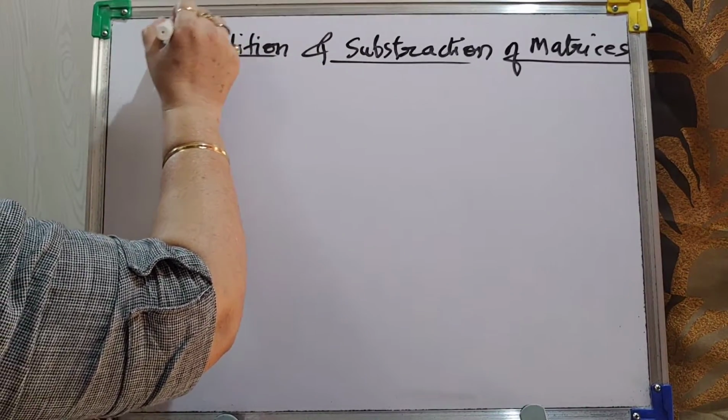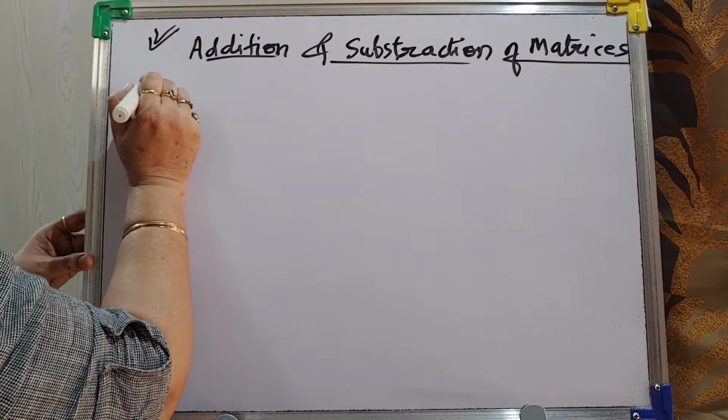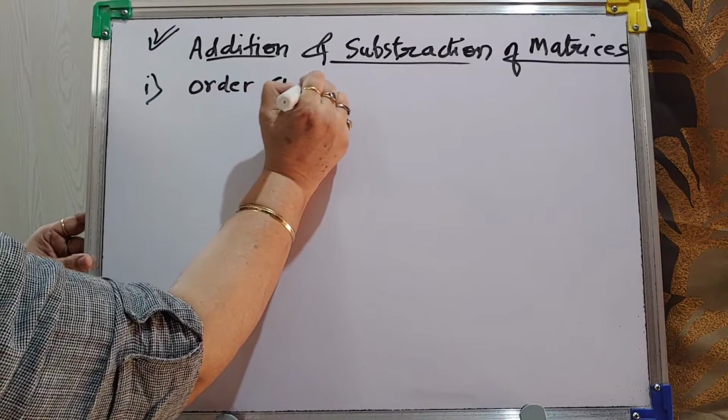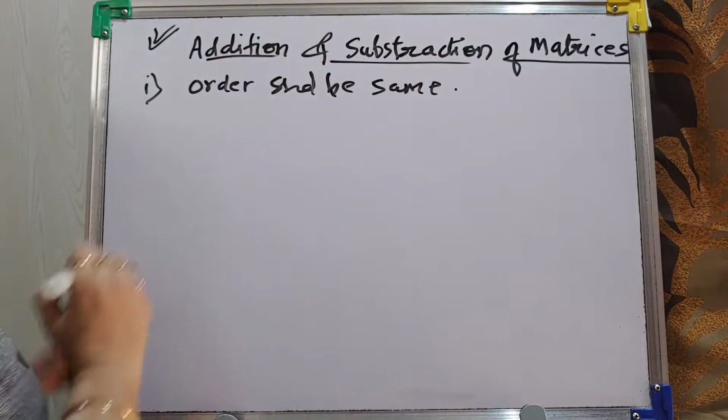Now students, how to add and subtract matrices? For that, the very first condition is that the order should be the same. Then only you can add and subtract.